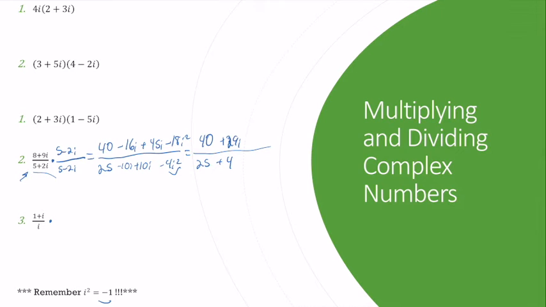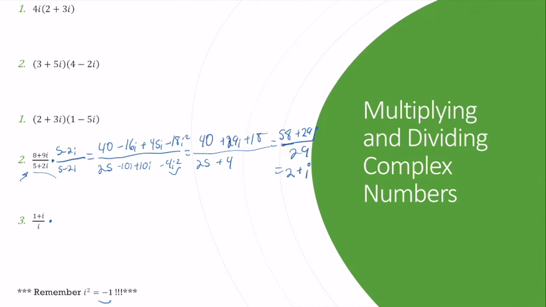Minus 18 times negative 1 is plus 18. So my final answer is 58 plus 29i over 29, which I can simplify. 58 divided by 29 is 2. 29i divided by 29 is i. So my final answer is 2 plus i.